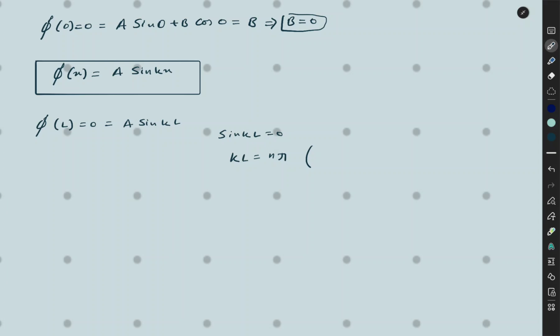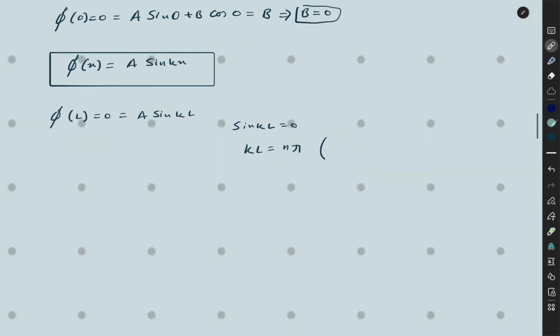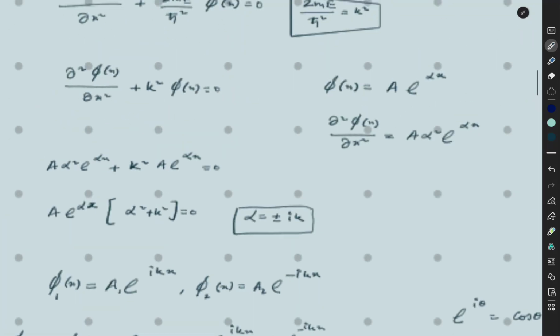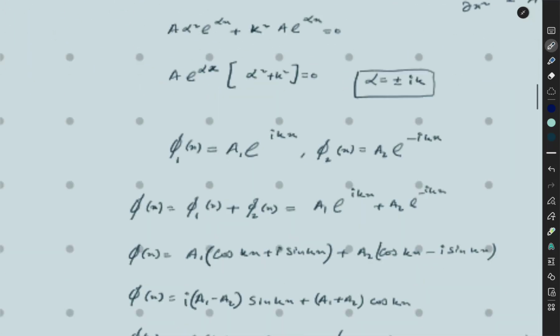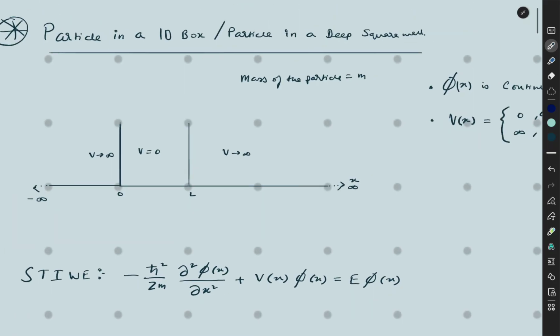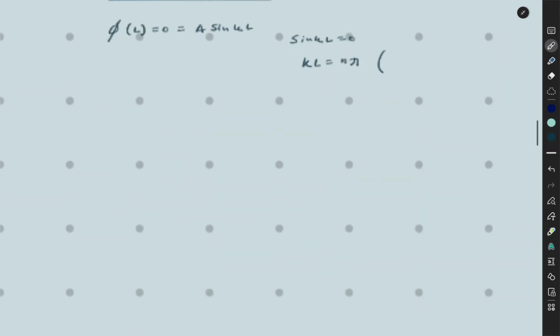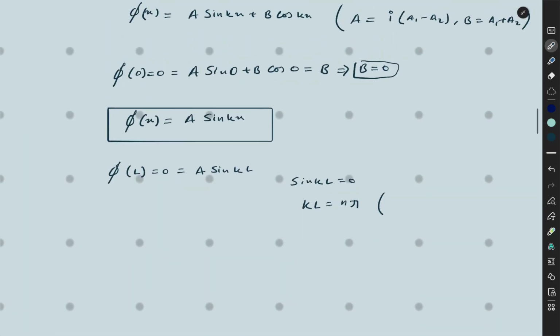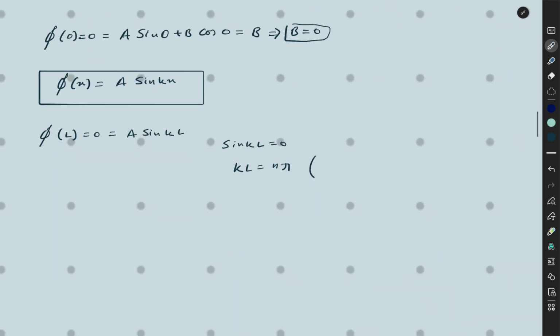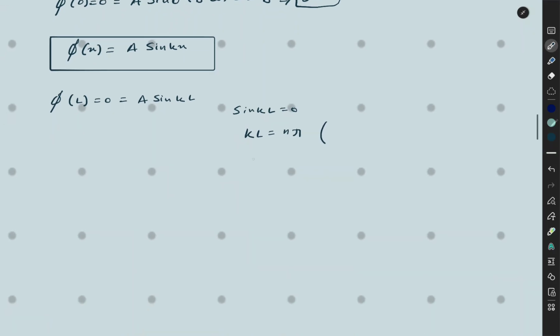So if we consider n as 0, then kL will be equal to 0, and since k equals n pi by L, k is equal to 0.